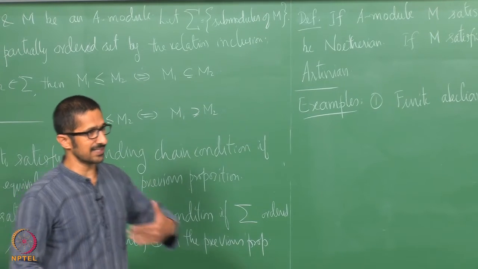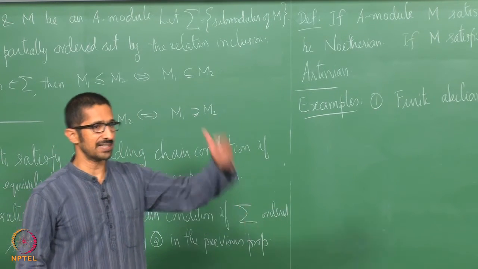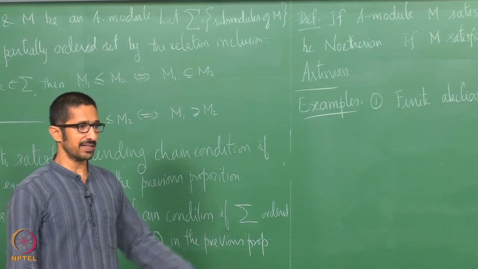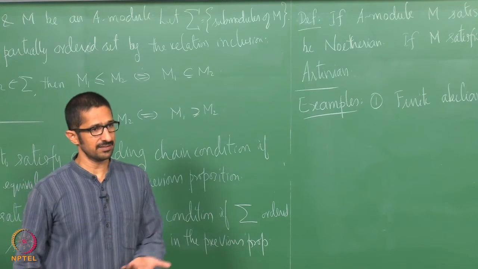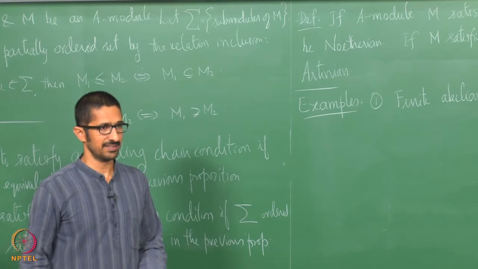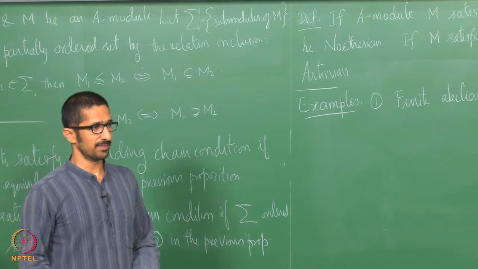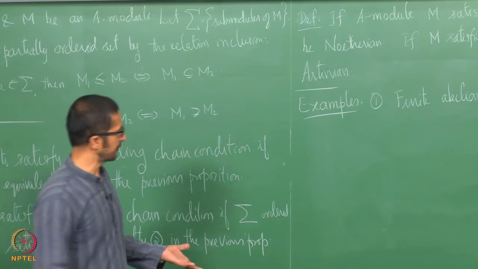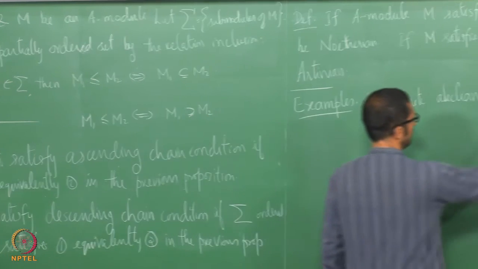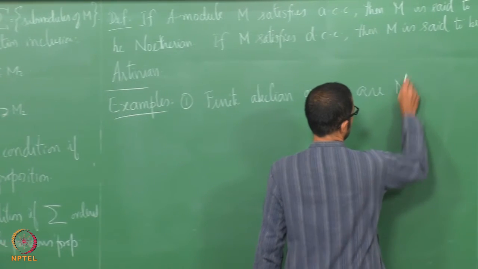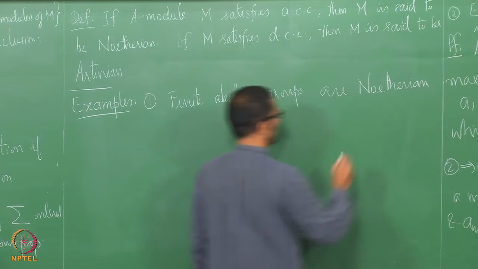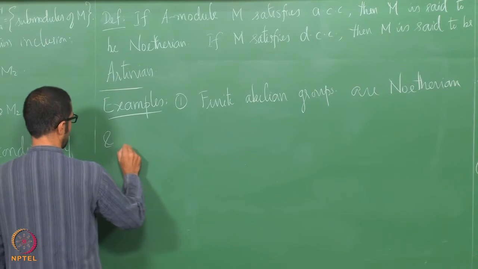So if you take any ascending chain, it has to terminate, there is no way. Similarly, if you take any descending chain, it has to terminate, because there are only finitely many elements in that. So therefore, they are Noetherian and Artinian.